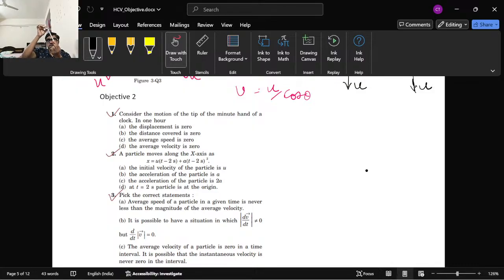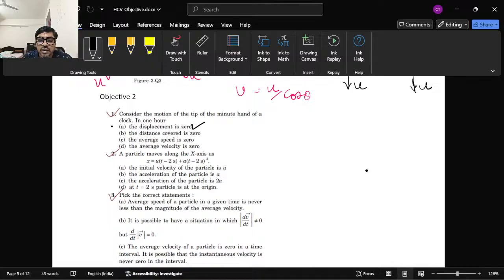Then 5 minutes, 10 minutes, 15 minutes, then half an hour, 45 minutes it comes here, then at 1 hour it comes back to here. So it comes back to the same position, meaning what is the displacement? 0. Displacement is 0, correct?